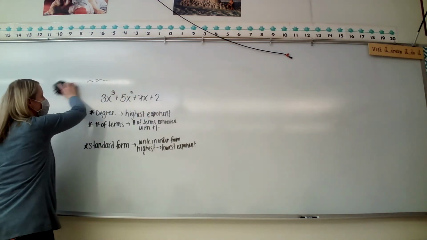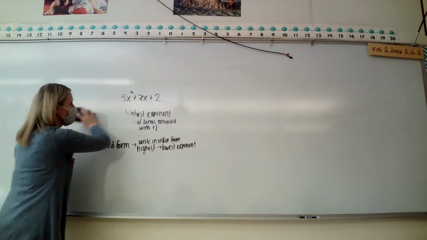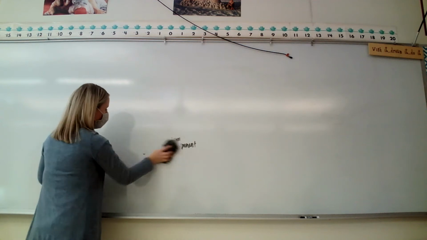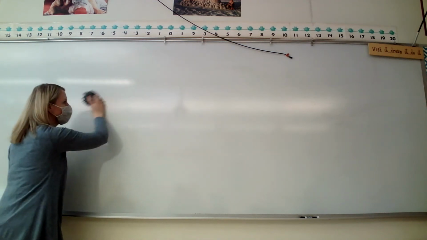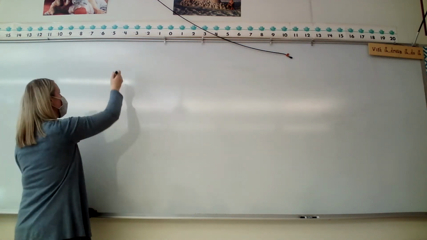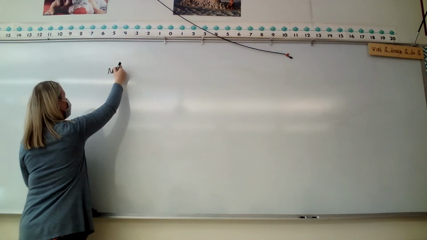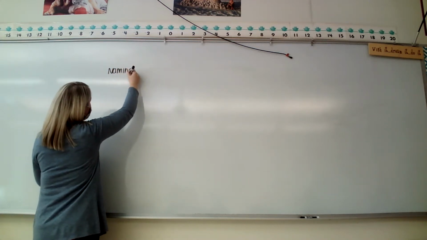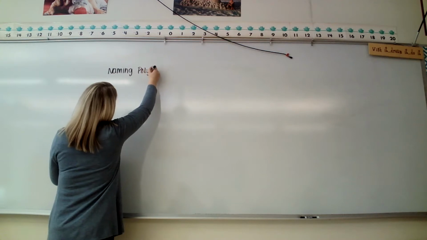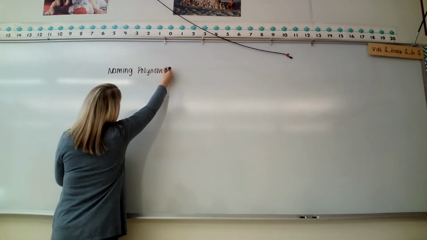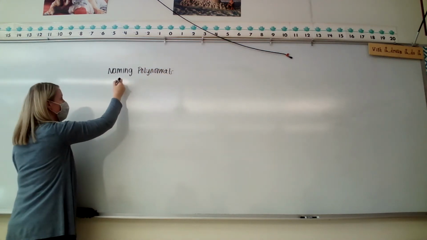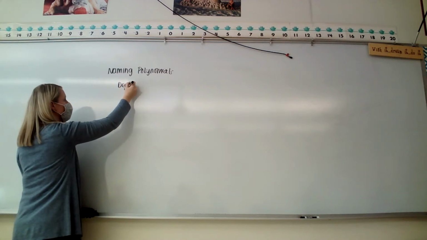All right, and then we'll look at a bunch of examples, because as of right now, I'm just giving you some definitions. So, naming polynomials. We're going to start with the name based on the degree. So there's going to be 2 of these little charts.